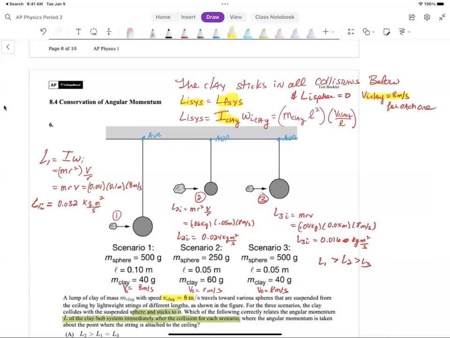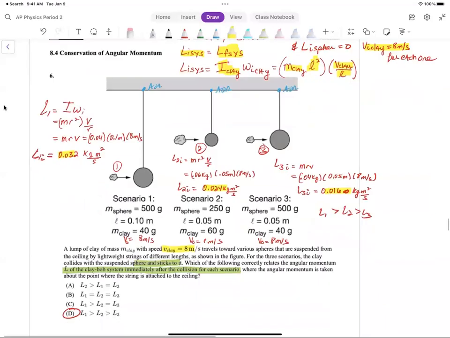So I have the mass of the clay. I know the L's of the clay in every situation. Don't forget to square it. The angular velocity of the clay initially is the linear velocity divided by the length to the axis of rotation. So I calculated it for each scenario, and then I ranked them, and that would be D.